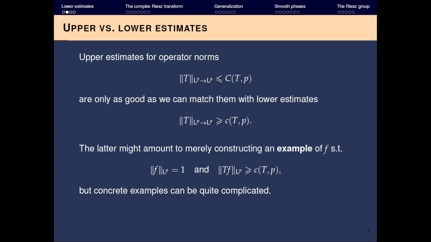It sounds like something quite easy because you only have to construct a certain example, right? You just plug in your favorite function and try to compute the output and measure it in the LP norm sense. So it sounds like something quite easy and straightforward.